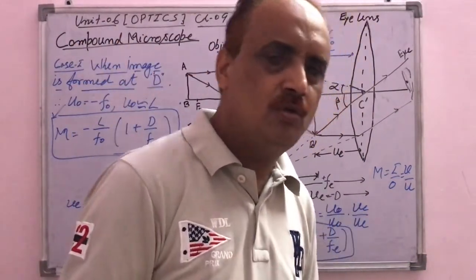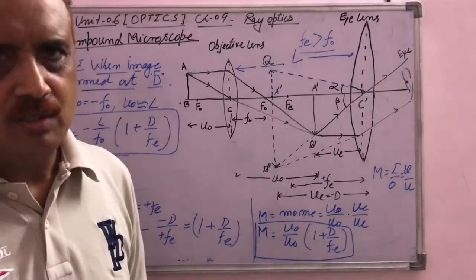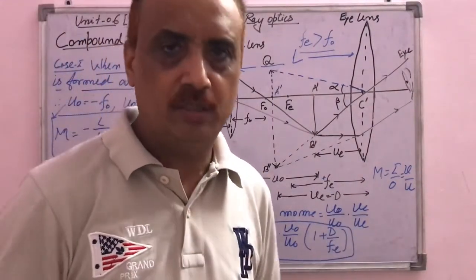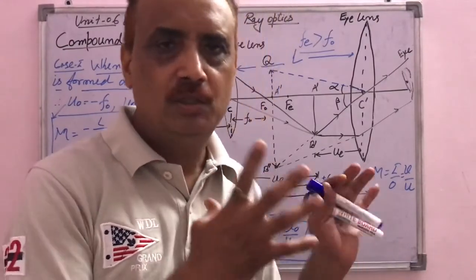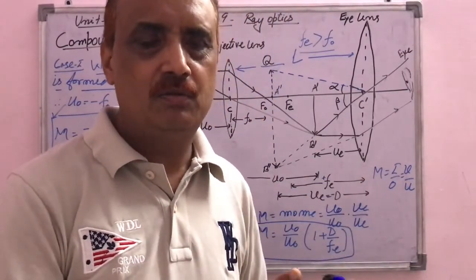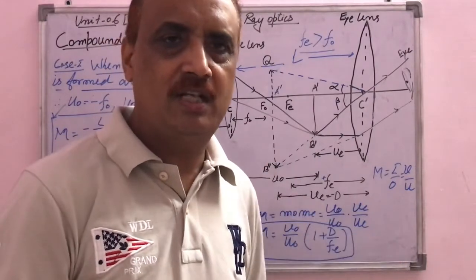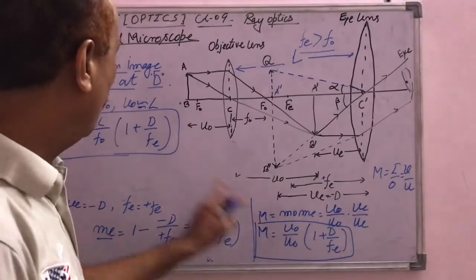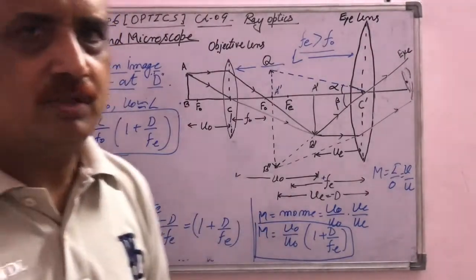In the next video, we will discuss the second case, when the image is formed at infinity for the same compound microscope. I hope you understand the topic, and after understanding it, you should solve the numerical problems using these two formulas. Okay, thank you.